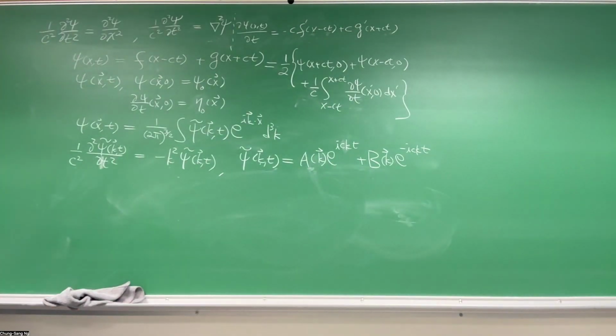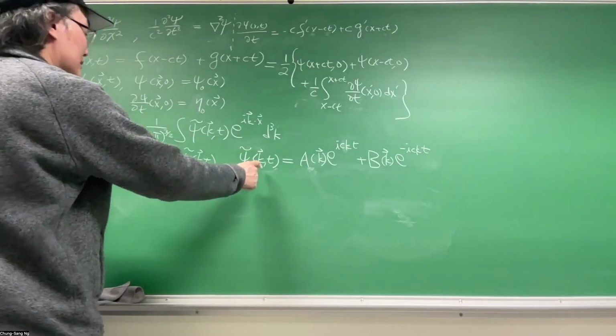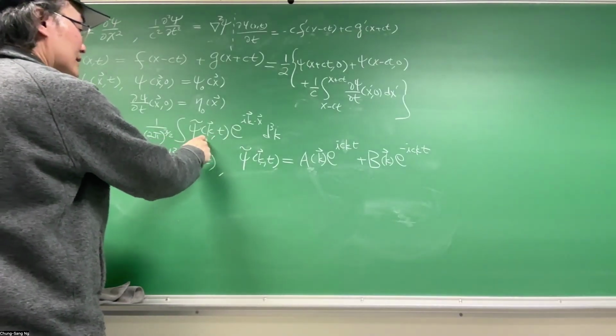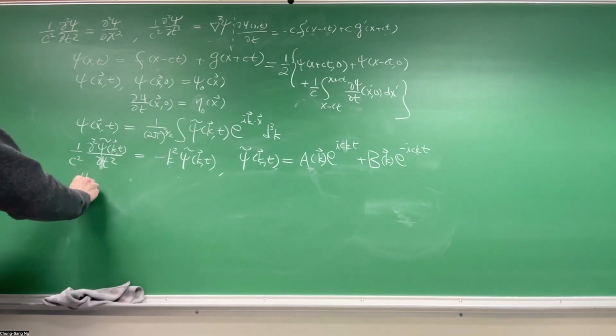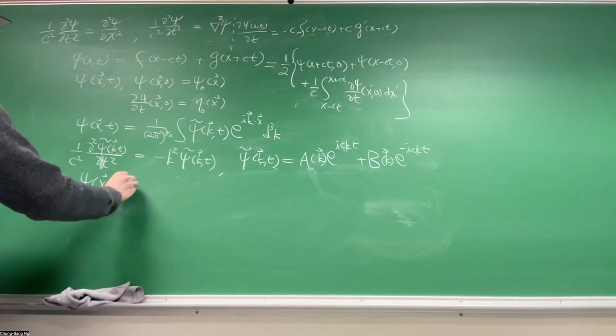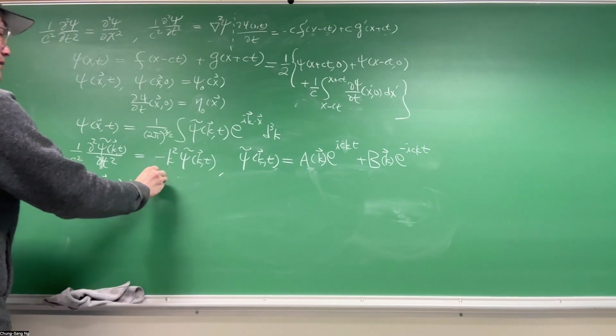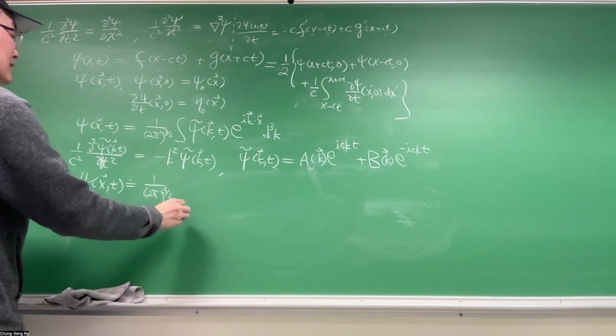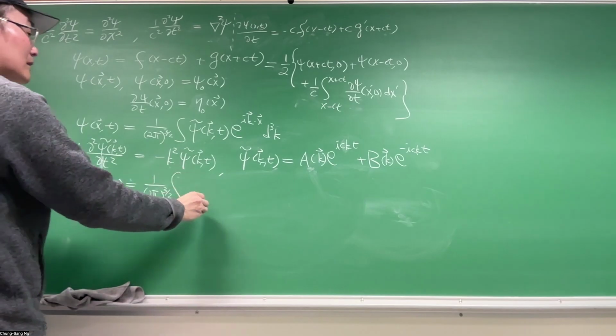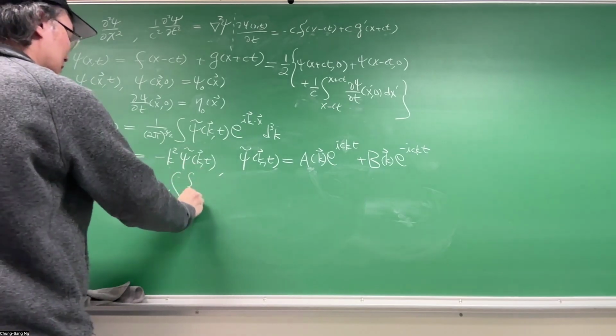So that's the general solution, but that's in Fourier space. So what you need to do is substitute this back to here, right? And just write down psi of x, t is 1 over (2 pi) to the 3, and then you have two terms.